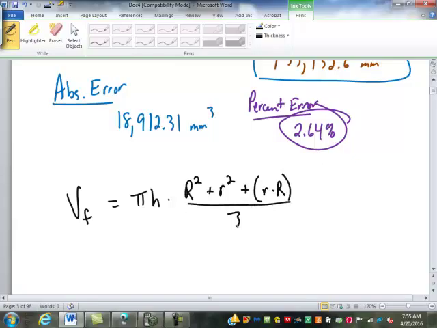Kind of like that? No, the pi and the h are in there too, but they multiply everything on top, right? There's parentheses around that. Well, yeah, there are parentheses. It doesn't matter where we put the over 3. Okay, so this is the way his is listed out.